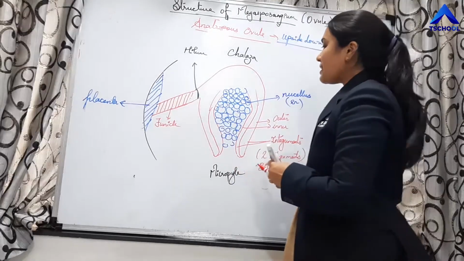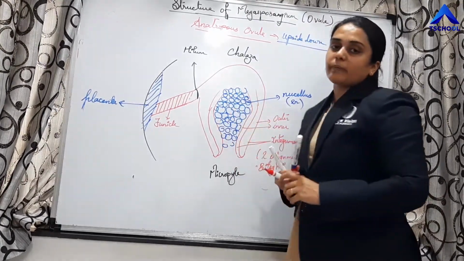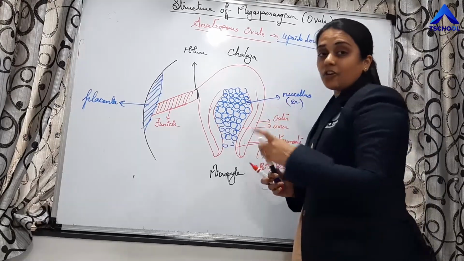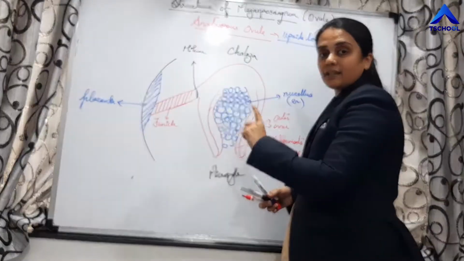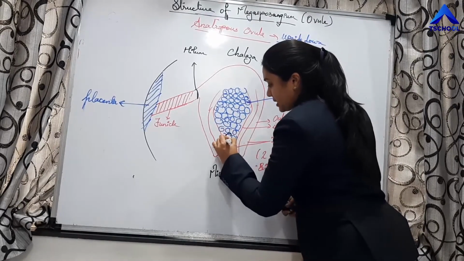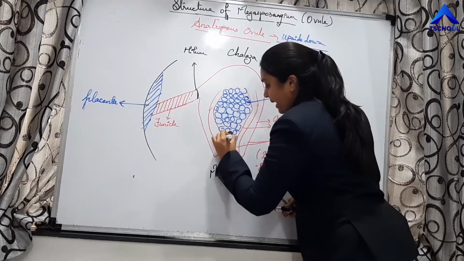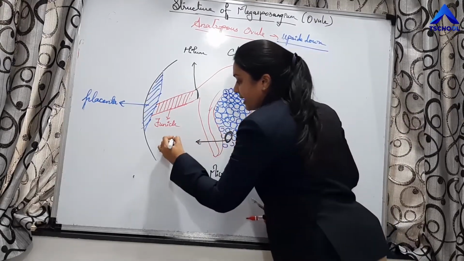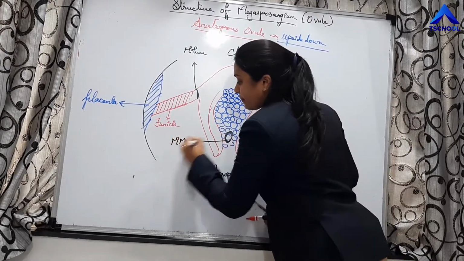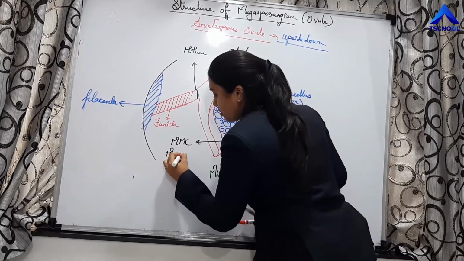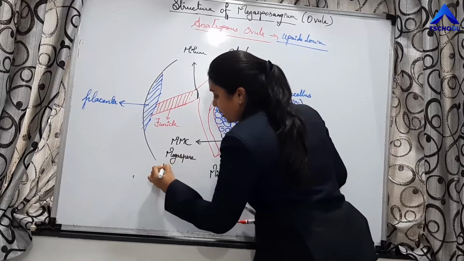So within integument is a mass of tissue, that is nucellus. One cell of the nucellus, which cell? The cell which is present towards the micropyle end. This cell is going to enlarge and function as MMC, that is megaspore mother cell.